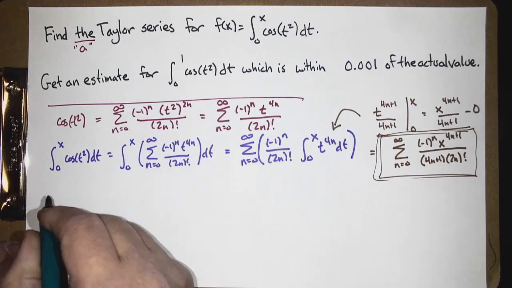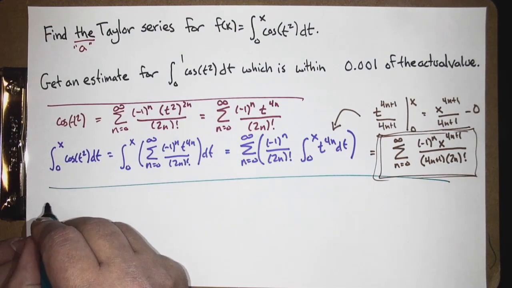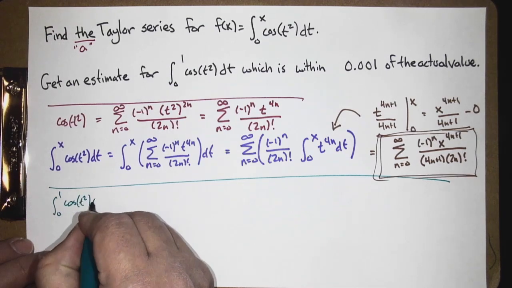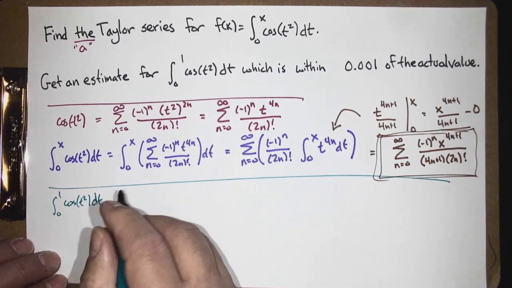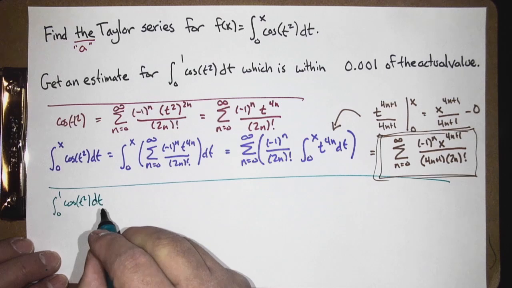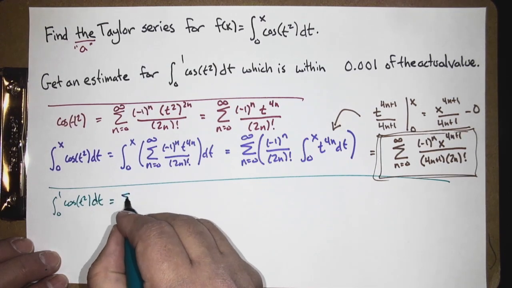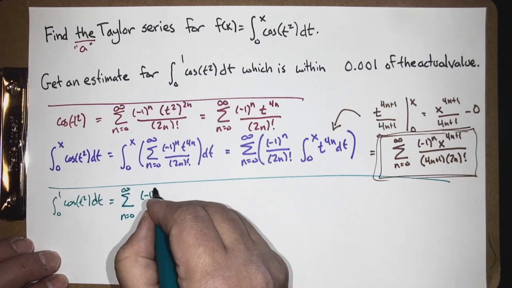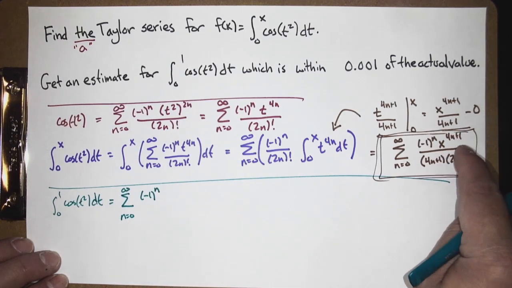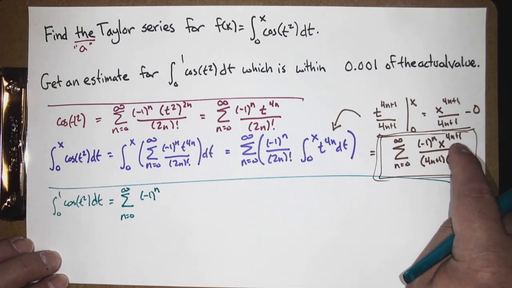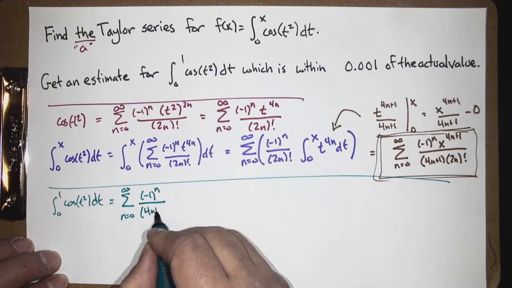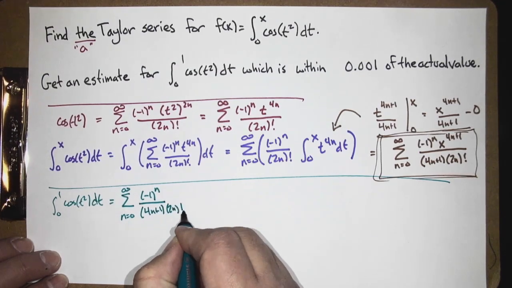So for the integral from 0 to 1 of cosine t squared dt, we just take this and plug in x equals 1. So that's the sum n equals 0 to infinity minus 1 to the n, 1 to the power of 4n plus 1, also known as 1, divided by 4n plus 1 times 2n factorial.